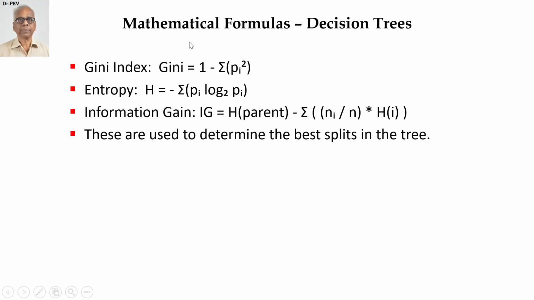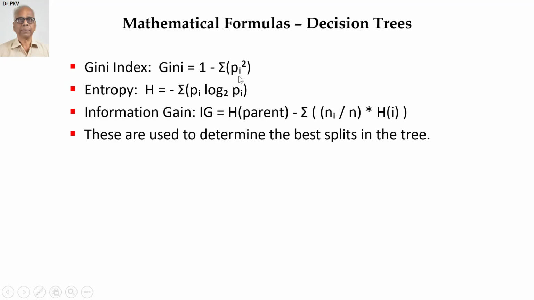The Gini index is given by the formula 1 minus sigma pi squared, and i is the particular class, for example, owner, non-owner. You calculate the probability, and then 1 minus sigma pi squared will be the Gini calculated. The entropy is given by minus sigma pi log to the base 2 pi.